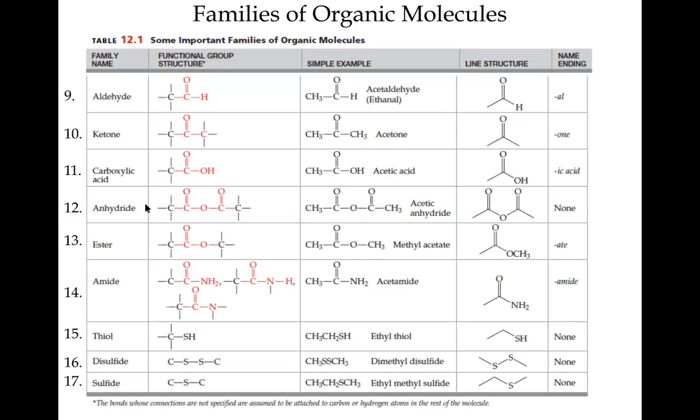An anhydride here is kind of like an ether, right? It's a COC, right? So an oxygen sandwiched by two carbons. The only difference is that those carbons on either side of the oxygen have double bonds with additional oxygens. An ester is a lot like an anhydride, except instead of both carbons having a double bond to an oxygen, there's just one carbon that has a double bond to an oxygen.